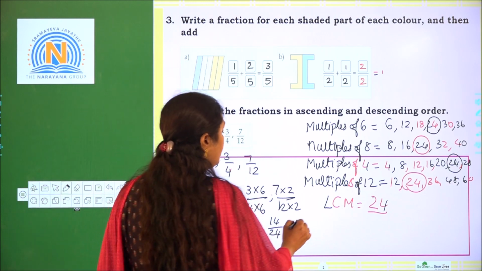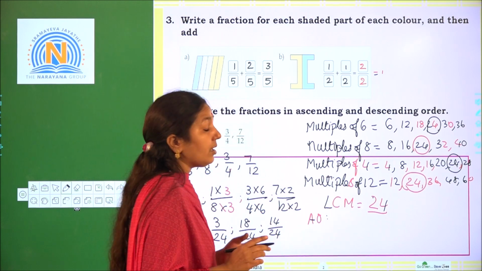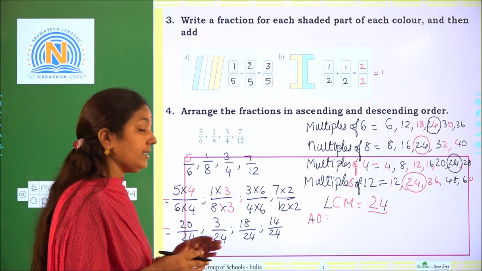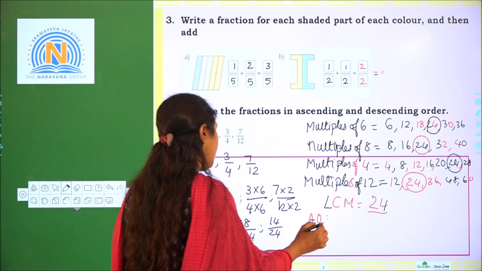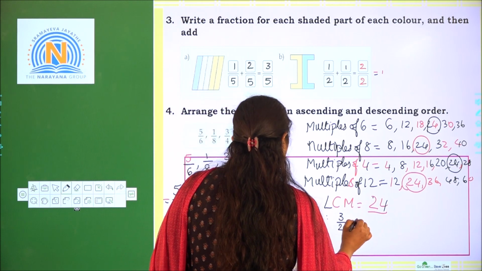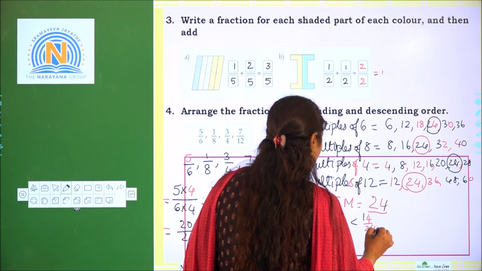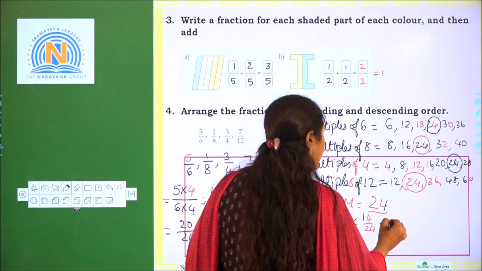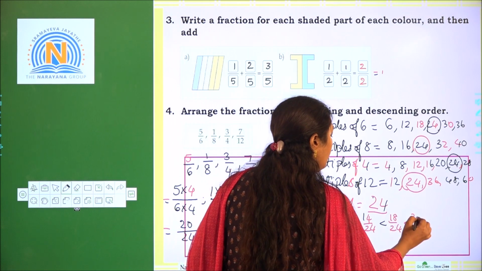What is the ascending order, children? Ascending order is nothing but arranging from small to big, from the smallest fraction to the greatest fraction. Which is the smallest fraction? 3 by 24 is less than 14 by 24, less than 18 by 24, less than 20 by 24.